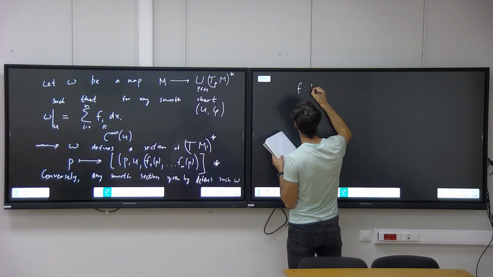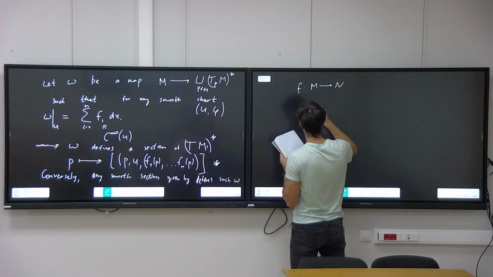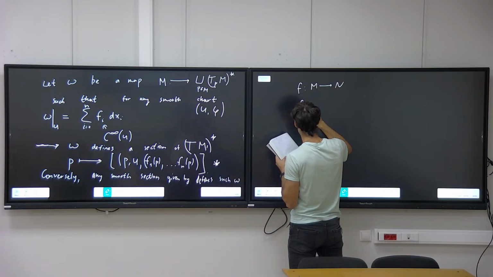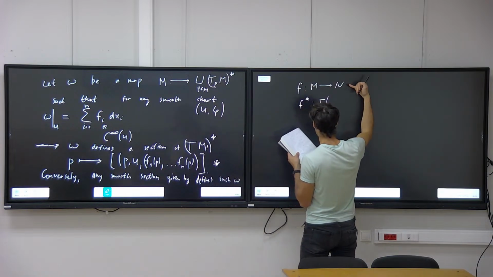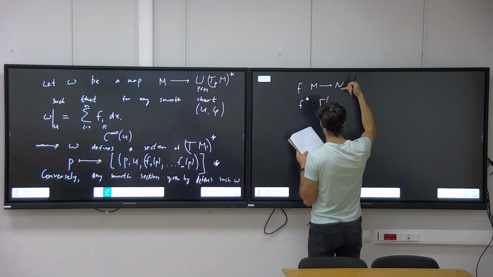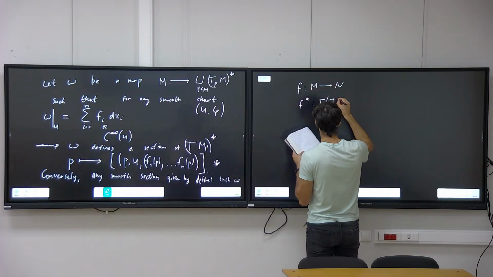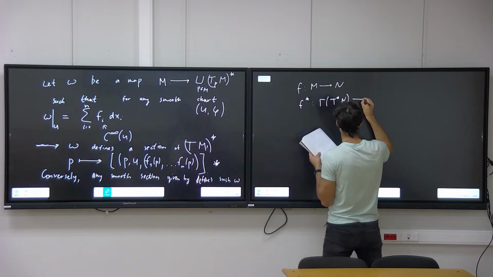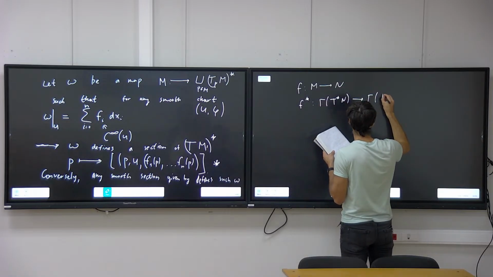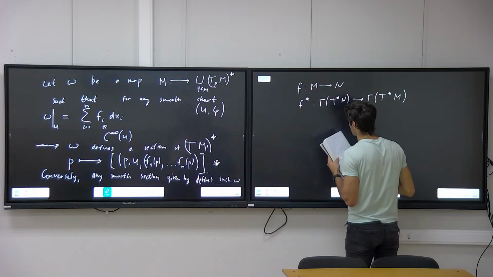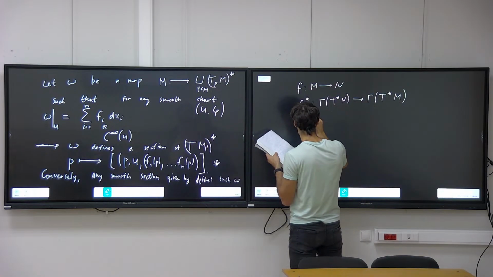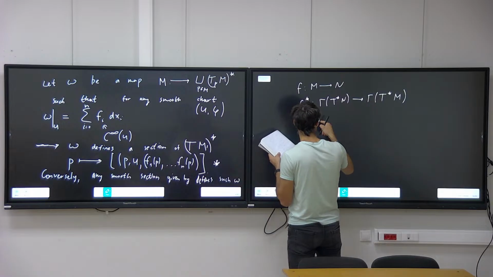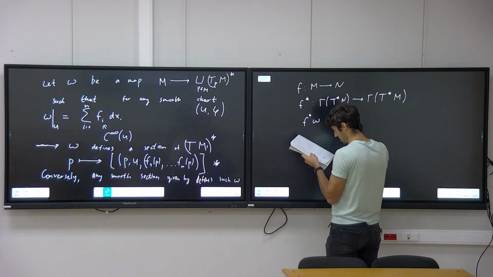So we had f which goes from M to N. Then the pullback, this one will be with upper star, will go from sections, so pullbacks, therefore the arrow goes the other way, from sections of T star N to sections of T star M, and then it is just defined like that. I have f star omega.